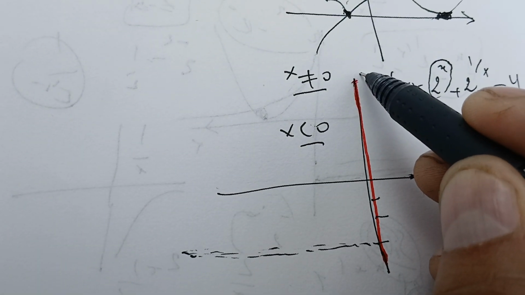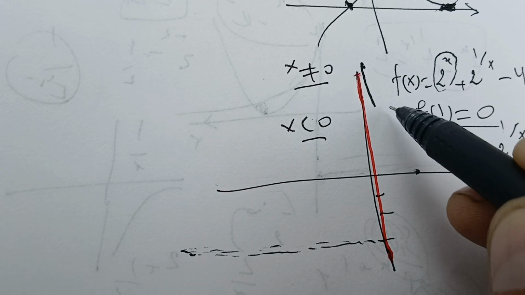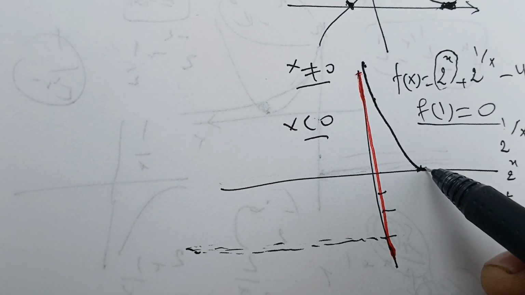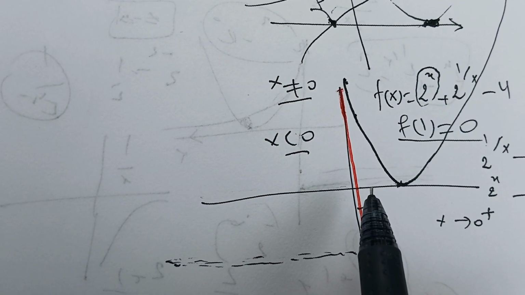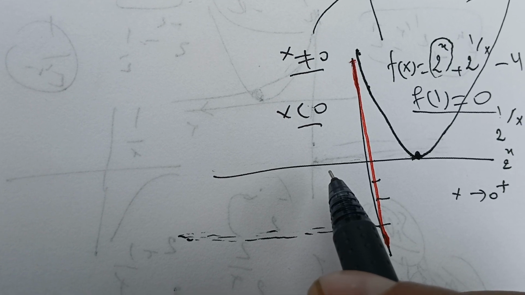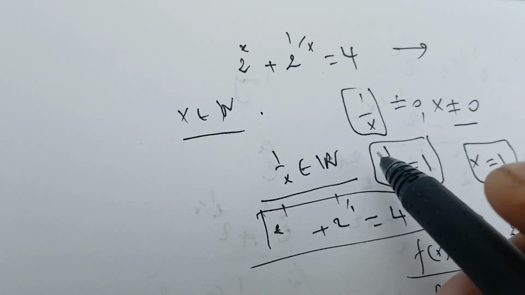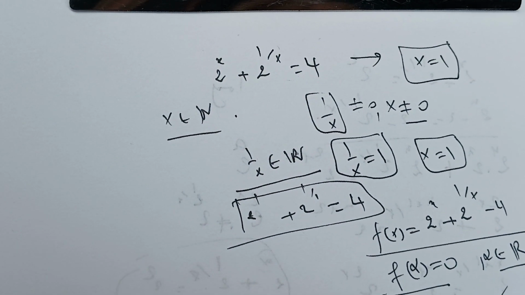That means the graph is like this, and it keeps decreasing until we get to 1, where it becomes 0. After that, it increases. That means 1 is our only solution. So this equation has only one solution, given by x equals 1. There are no other solutions.